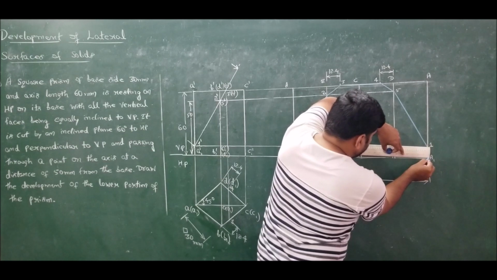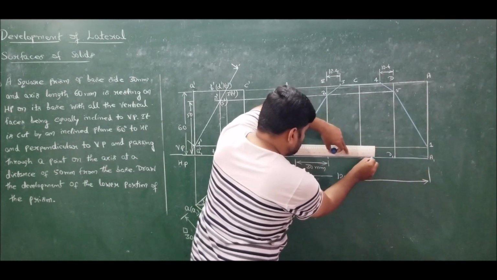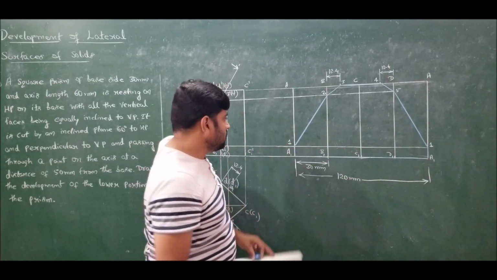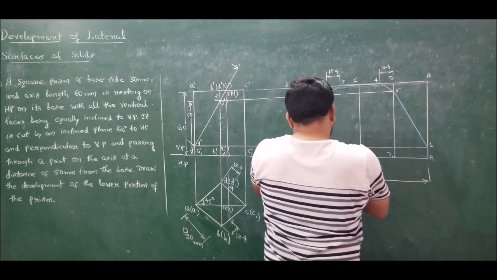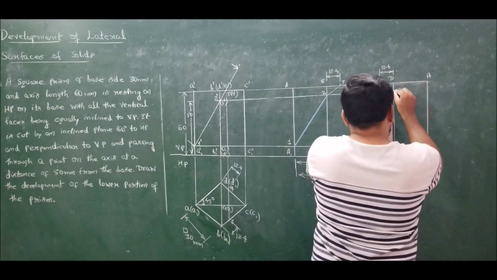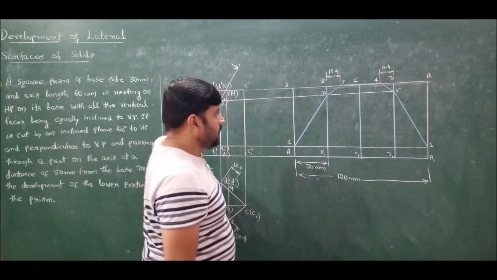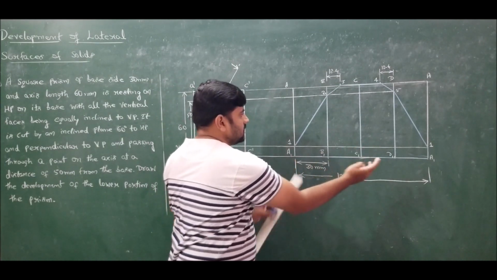So we have at the bottom A1 to A1. Since it is a square based prism, we have sharp vertical edges. So this is what I will get. You should bend this properly and give some allowance.